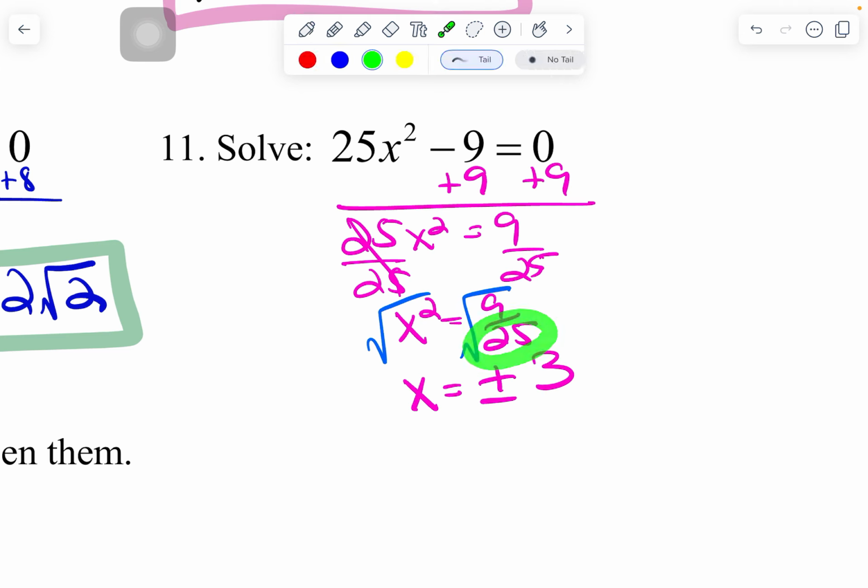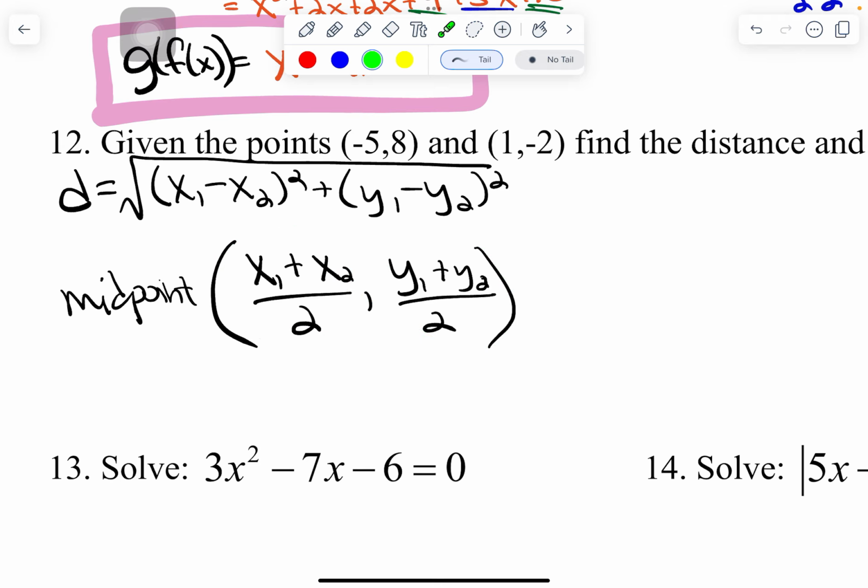So for distance, you're figuring out the difference in the x's, squaring it, figuring out the difference in the y's, squaring that, adding them up, and you got a big old square root. Midpoint is the average of the x's and the average of the y's. The little 1s and 2s just mean first x, first y.